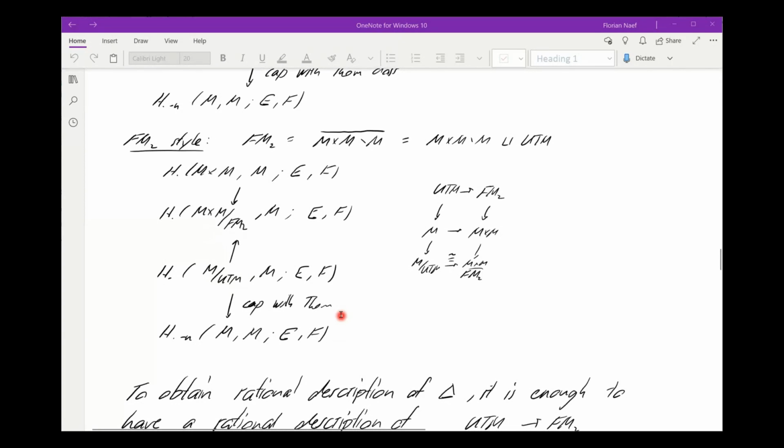And so in particular, what we actually needed is that this space FM2 fits into such a commuting diagram that turns out to be a homotopy pushout.